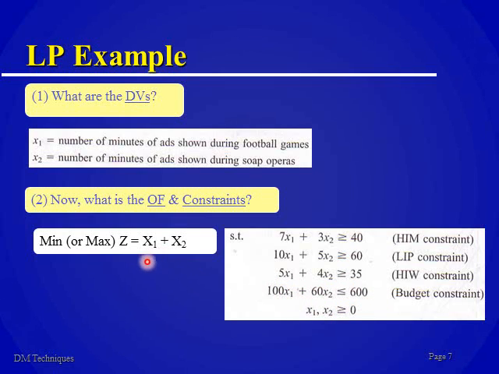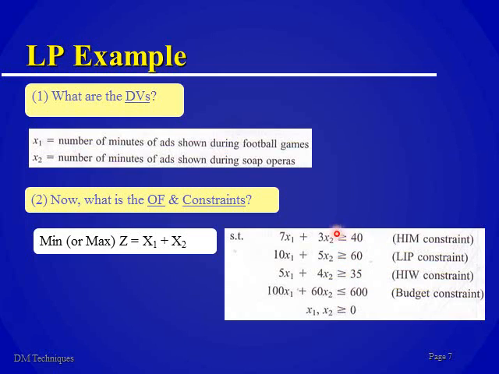So our objective is to minimize the total number of minutes used for ads, using these as constraints. You have your high-income men constraint, so the ads must be seen by 40 million high-income men, 60 million low-income people, and 35 million high-income women.